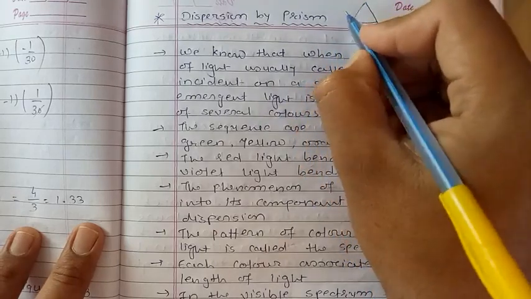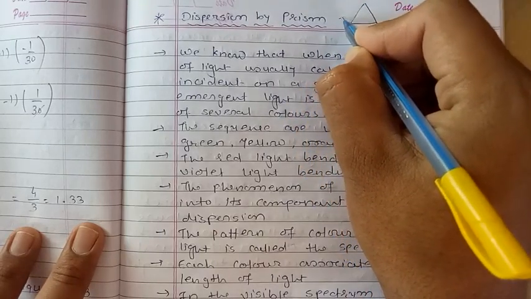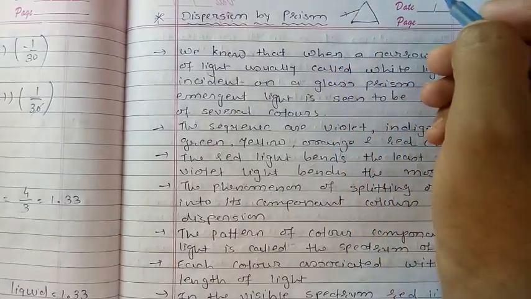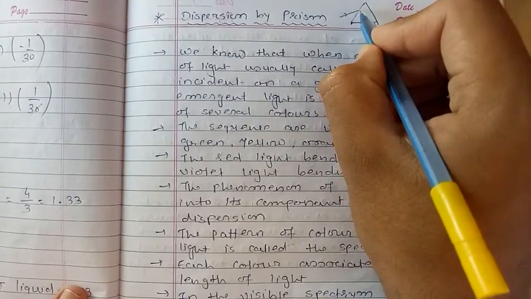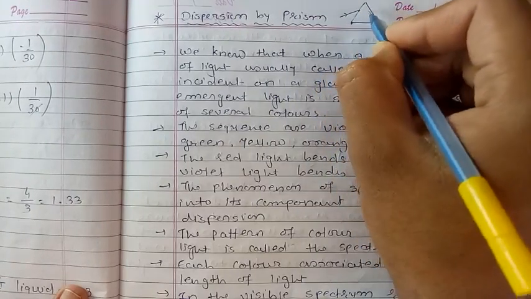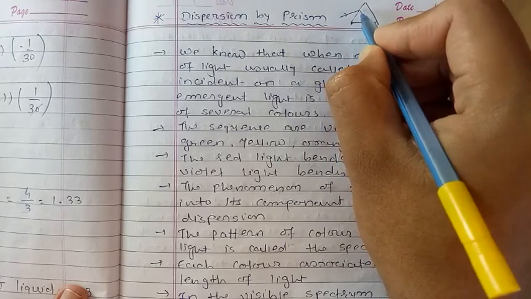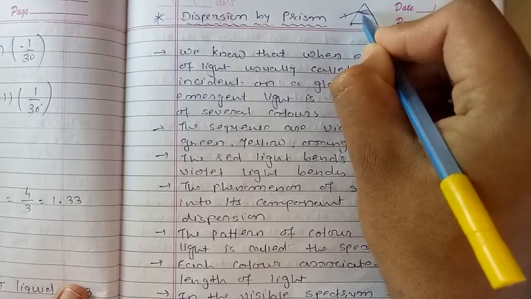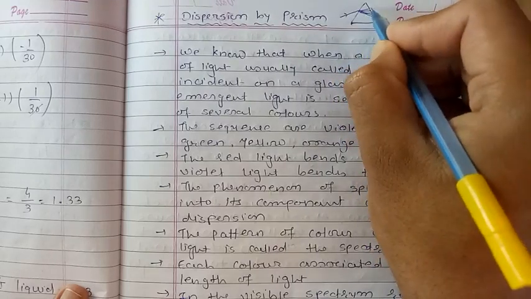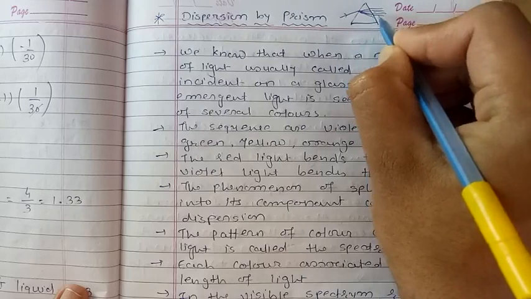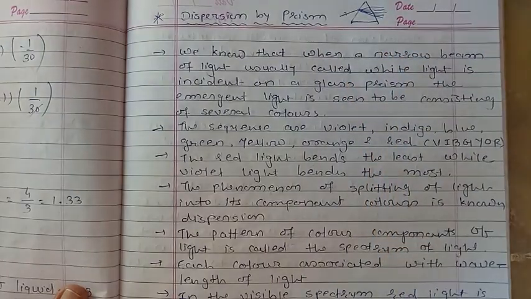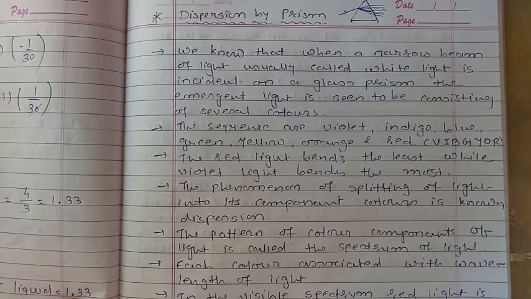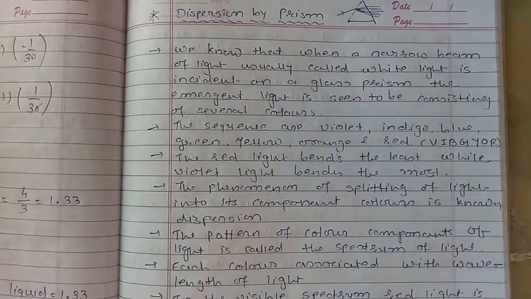When we incident light of the sun, or a white light, on a prism, the light is split into several colors like this. The seven colors are VIBGYOR. We know the sequence: violet, indigo, blue, green, yellow, orange and red.